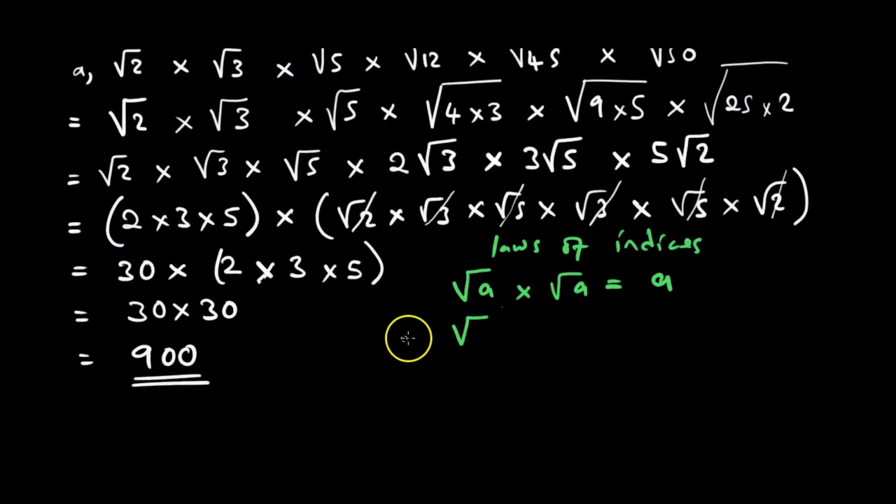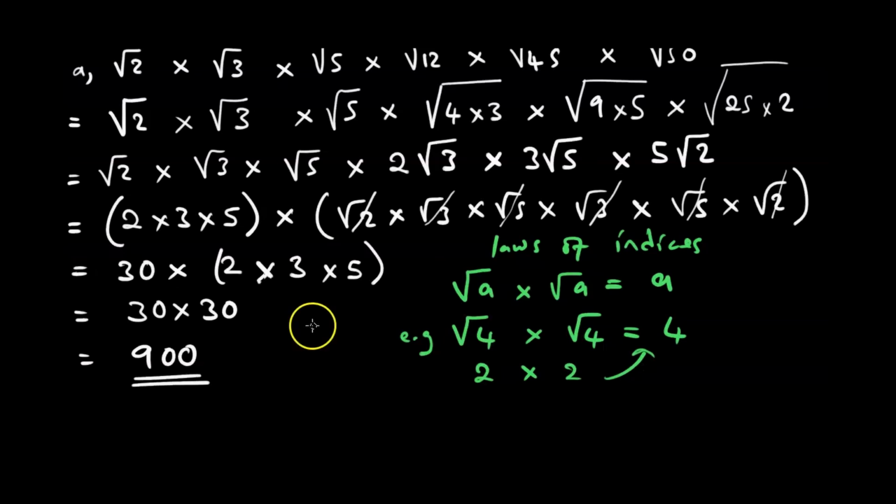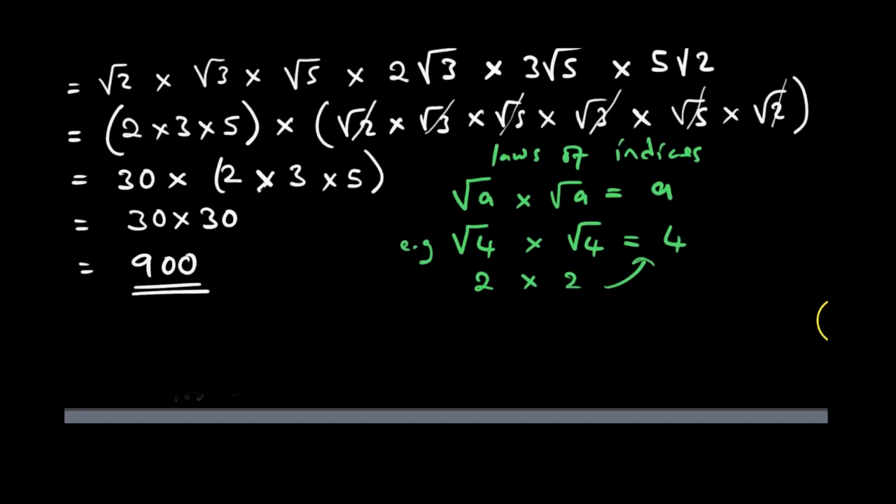That means, for example, the square root of 4 times the square root of 4 is equal to 4. That's just an example. Here the square root of 4 is 2, so 2 times 2 is 4, to prove our example. So we are done with A. If you have any questions, you have the comment section to utilize.